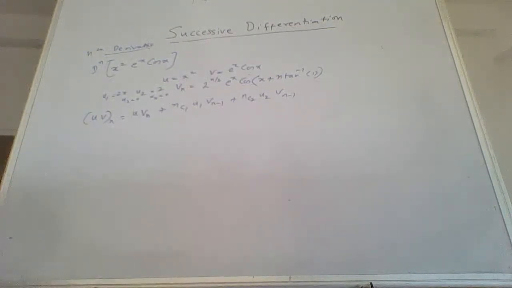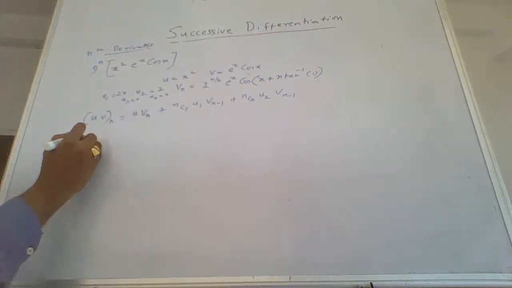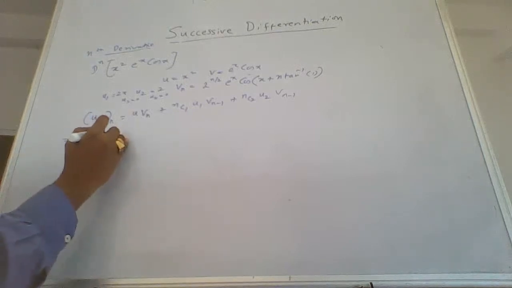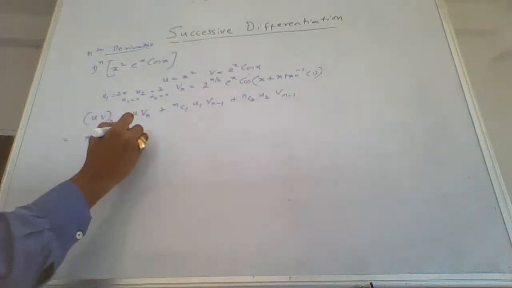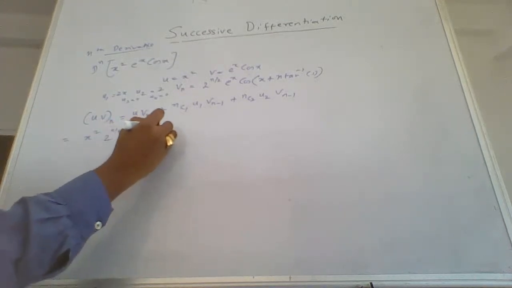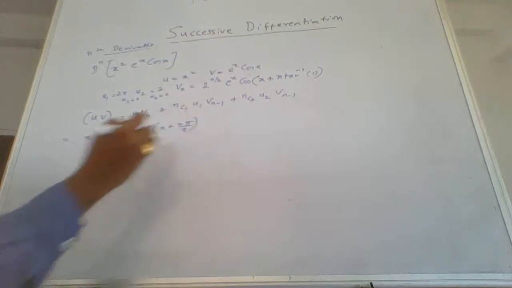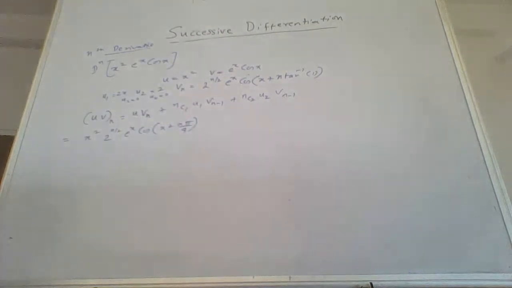Let us put in all those which we have said. U being x square, and this is vn, which is 2 to the power of n by 2 e to the power of x cos of x plus n pi by 4, because tan inverse of 1 is pi by 4.